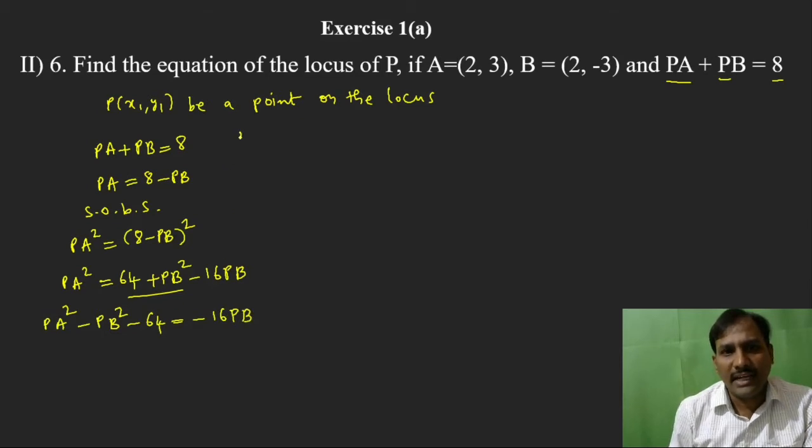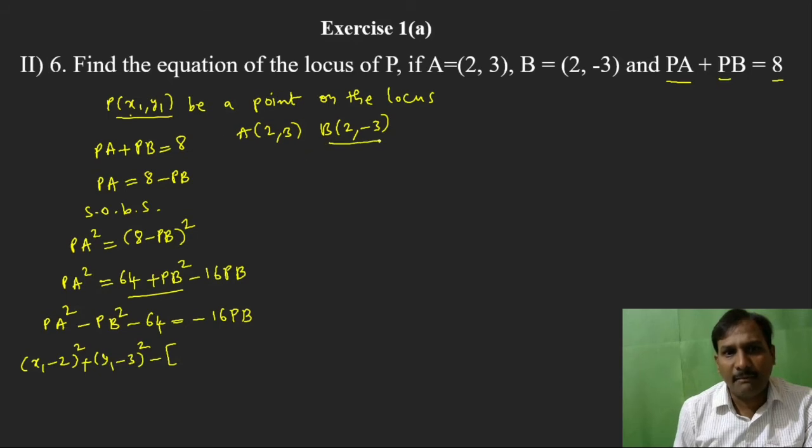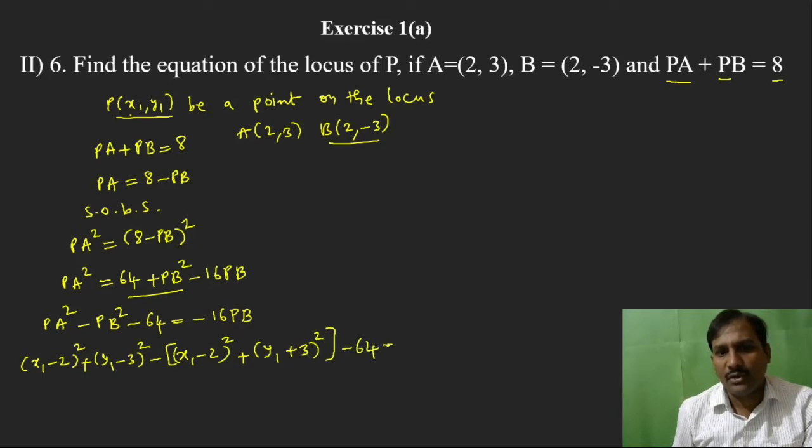So here what are A and B? A is (2, 3) and B is (2, -3). So PA, the distance between P and A, is (x1 minus 2) whole square plus (y1 minus 3) whole square, minus PB square, the distance between P and B, that is (x1 minus 2) whole square plus (y1 minus of minus 3, which is plus 3) whole square, minus 64 is equal to minus 16 PB.